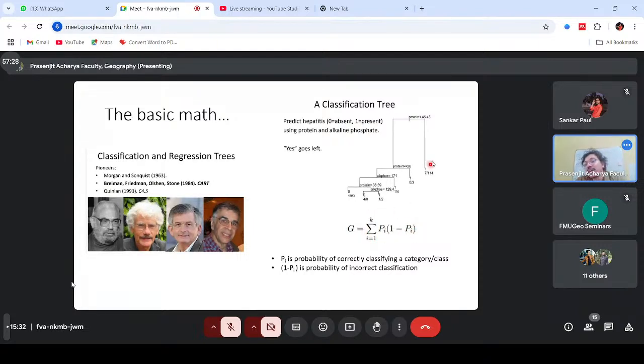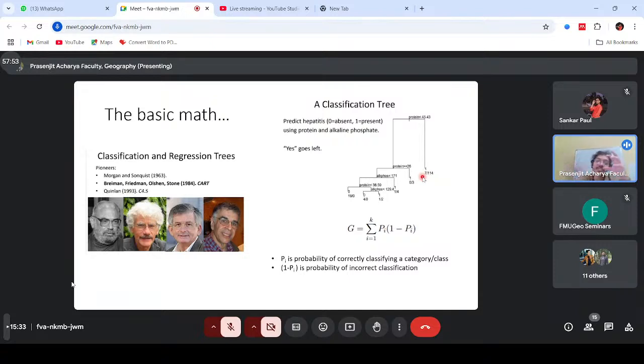Impurity means nearly all of the classes are pure. It could be hepatitis B present, it could be hepatitis B absent. Most probably it is hepatitis B absent, that is all zeros. But the Gini impurity should be minimum. Impurity higher means there is a high chance of mixing of hepatitis present and absent.